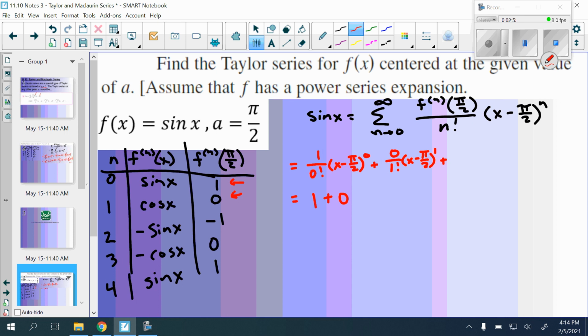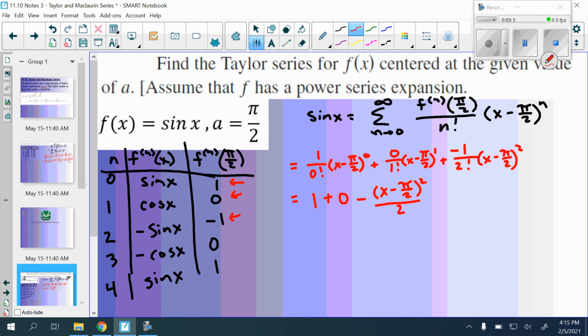All right, let's go to our next one. Now we have our next coefficient value, negative 1 over 2 factorial, and this would be x minus pi over 2 squared. So that should evaluate to negative x minus pi over 2 squared, over 2 factorial.